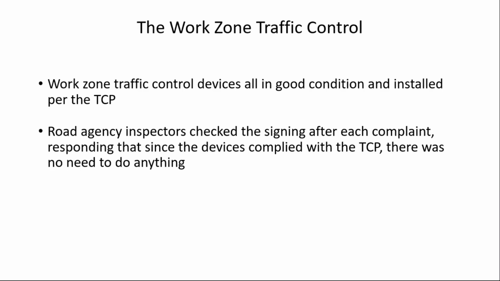The work zone traffic control devices were apparently all in good condition and were installed according to the traffic control plan. In fact, the road agency inspectors checked the signing after each complaint and they noted in their field diaries that since the devices complied with the plan, there was no need to do anything. So no one sort of stepped back and took a broader look at this to see what might be causing these crashes.